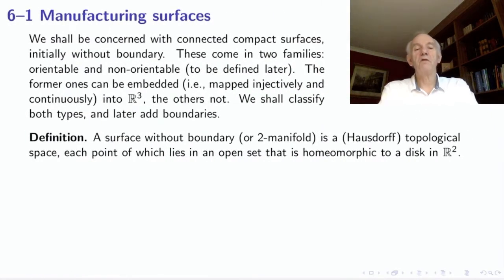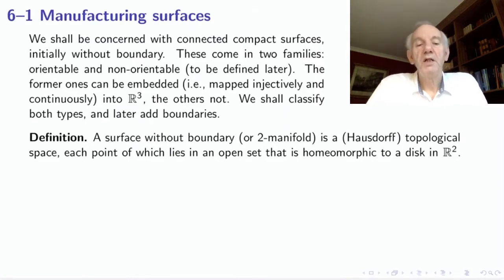So first of all, let me give you a correct definition. A surface without boundary is really the same as a 2-manifold. If you're at level 7 and doing the course on manifolds, topologically it's like a 2-manifold. And it's simply a topological space, each point of which looks like Euclidean space. In this case it's 2-dimensional, so it looks like the Euclidean plane.